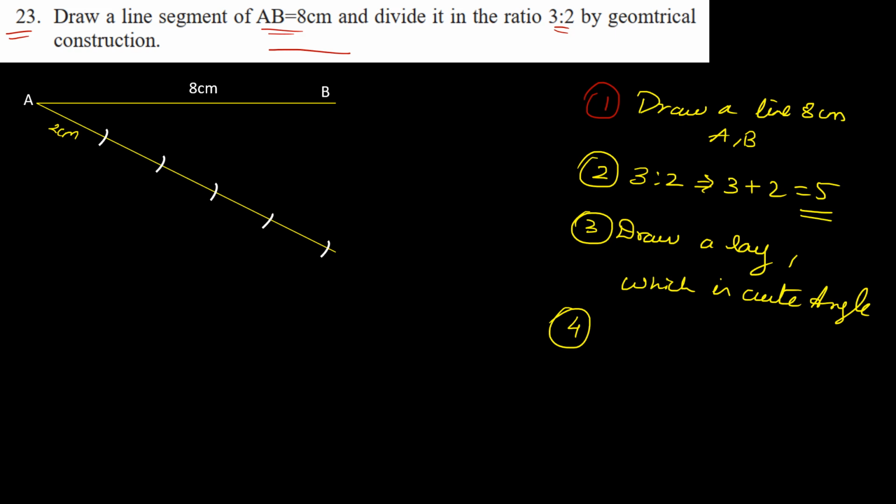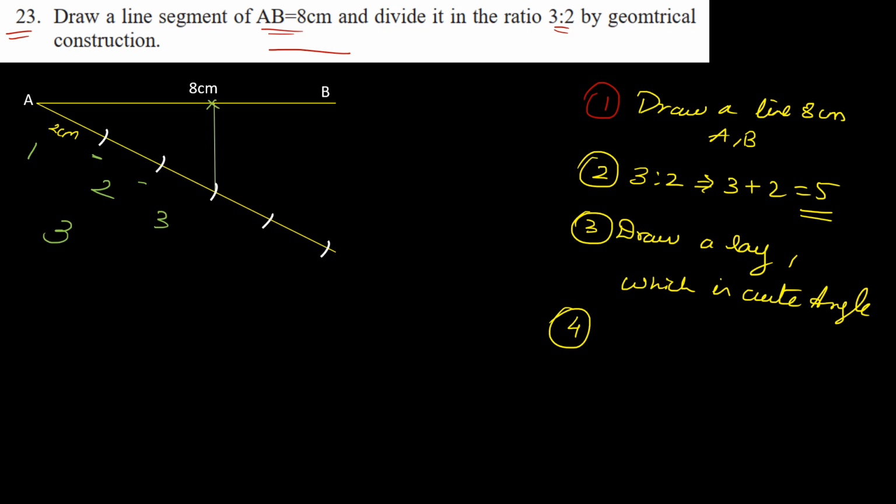After drawing 5 equal arcs, 3:2 means you need to leave the 3 parts. For example, from here to here is first part, from this point to this point is second part, and from here to here is third part, that is 3 units. So after 3 units, draw a line to the AB line.